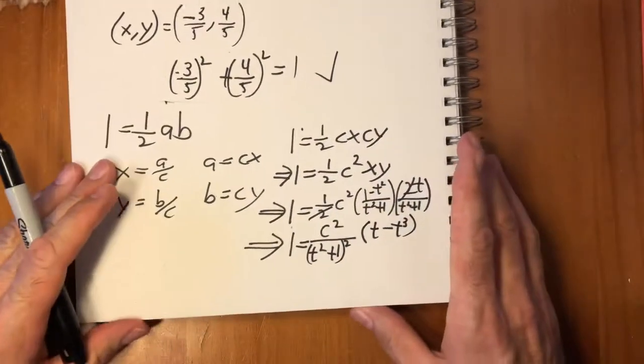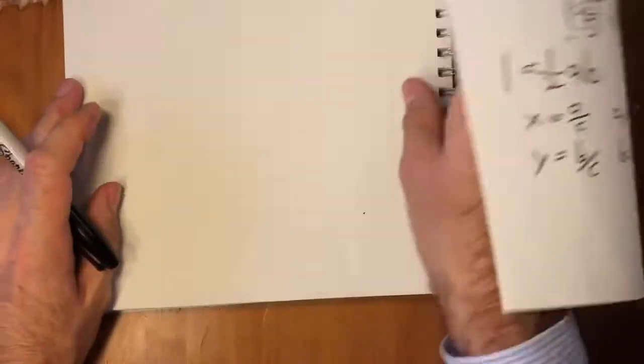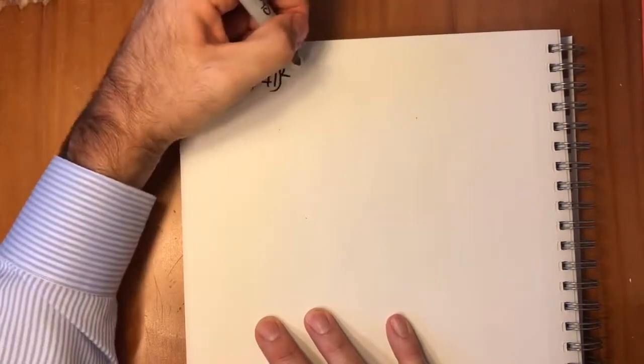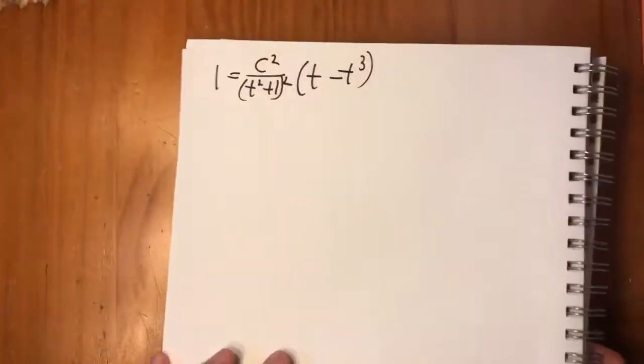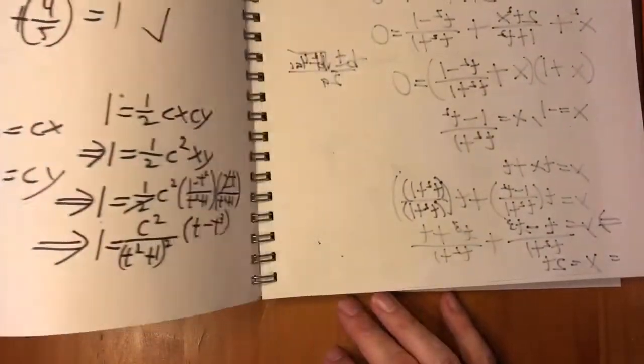I think we might be getting somewhere. So let's turn to a new page. So we have 1 equals c squared over t squared plus 1 squared times t minus t cubed. Is that right? Yes.